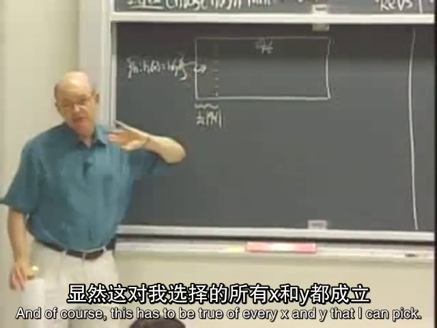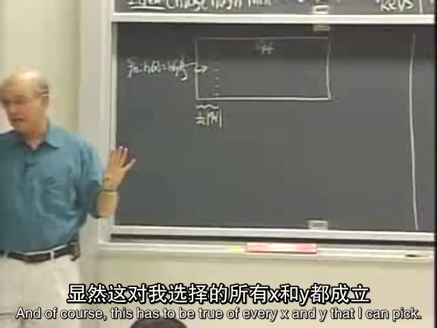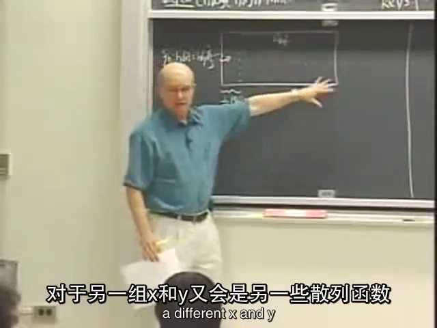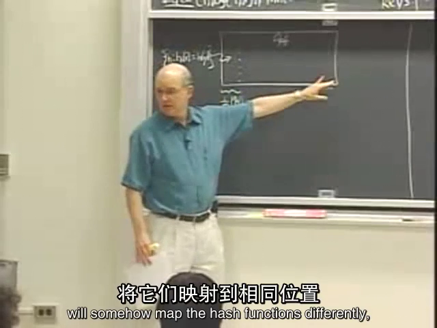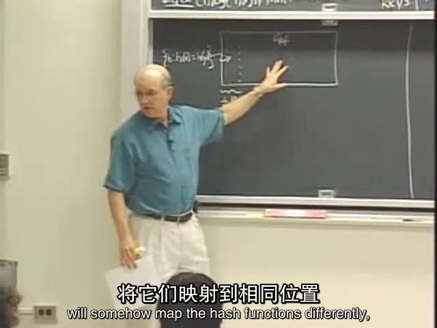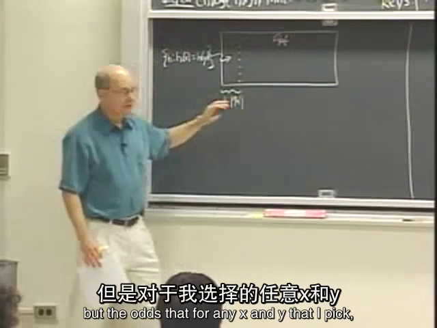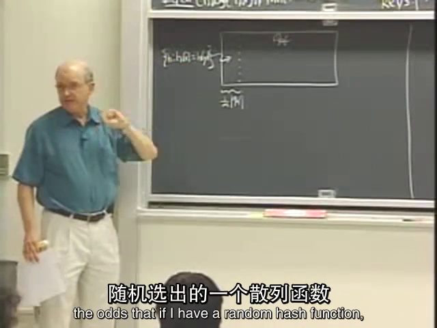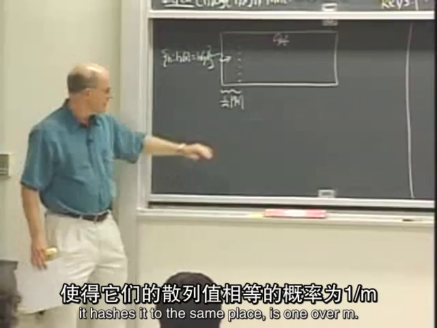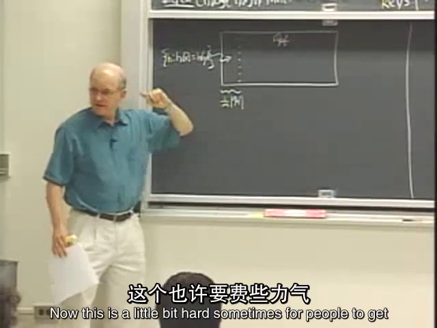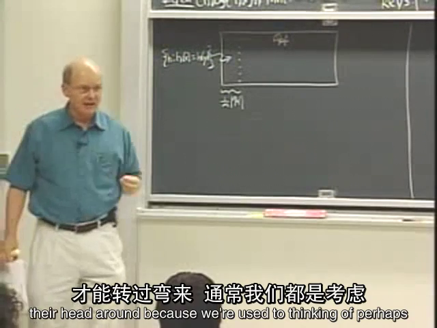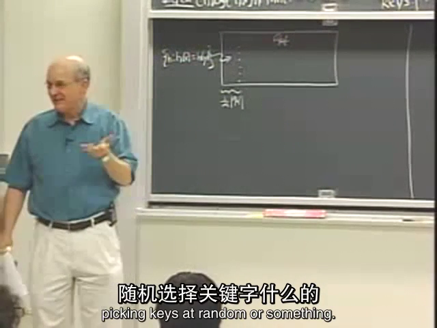And of course, this has to be true of every X and Y that I can pick. Of course, it'll be a different set. A different X and Y will somehow map the hash functions differently. But for any X and Y that I pick, the odds that a random hash function hashes them to the same place is 1 over M. Now, this is a little bit hard sometimes for people to get their head around because we're used to thinking of perhaps picking keys at random.